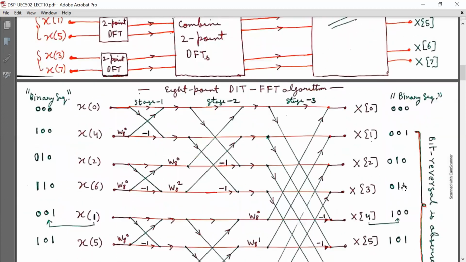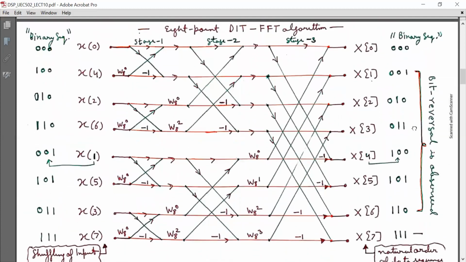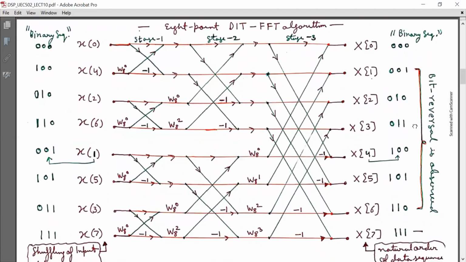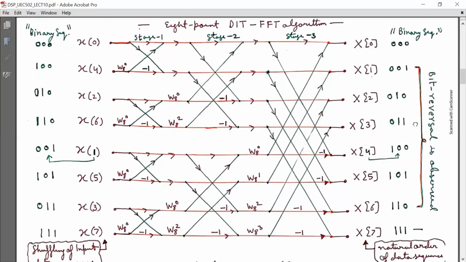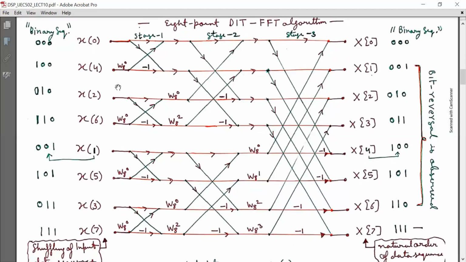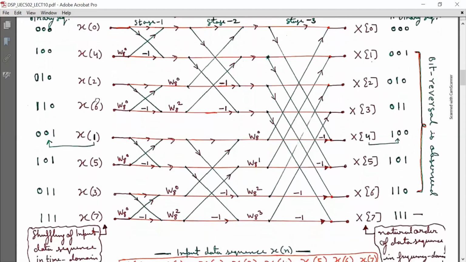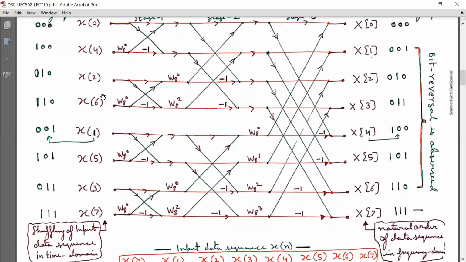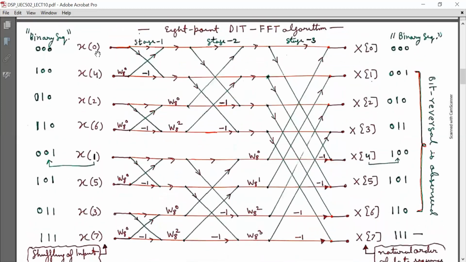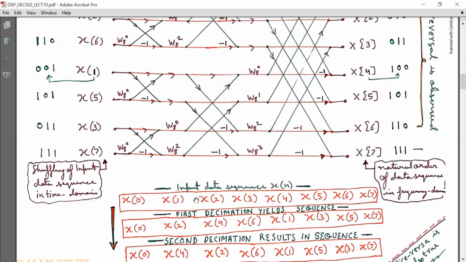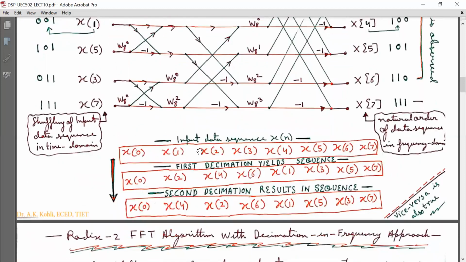Now this is the main signal flow diagram for the 8-point DIT FFT algorithm. How it works: at input, we have arranged the input in a shuffled manner, which is in the time domain. Now look at this. This is through decimation in time.